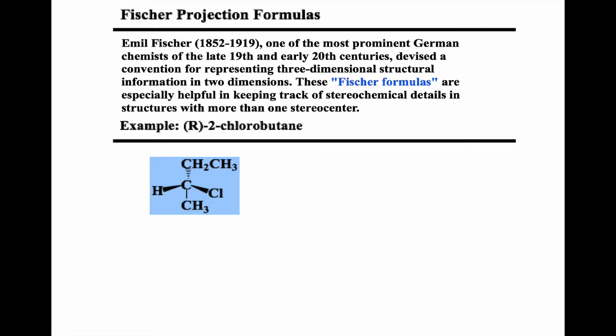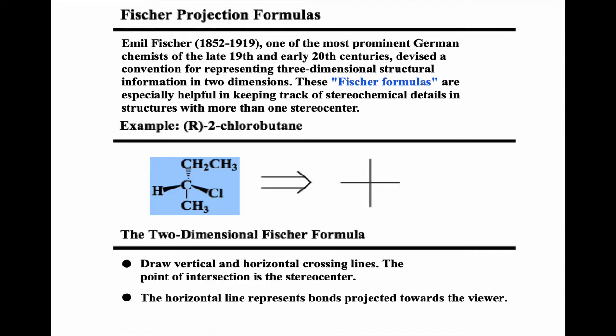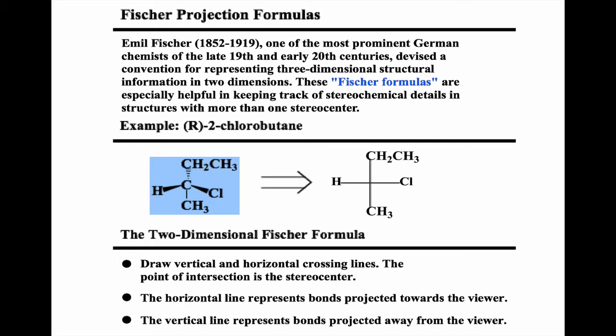Now, if I take that molecule and smash it flat, if you built a model and imagine smashing that flat into the plane of the screen, what you get is a 2-dimensional representation of that molecule. What you would have then are the hydrogen and the chlorine on the horizontal line, and the ethyl group and the methyl group on the vertical line.